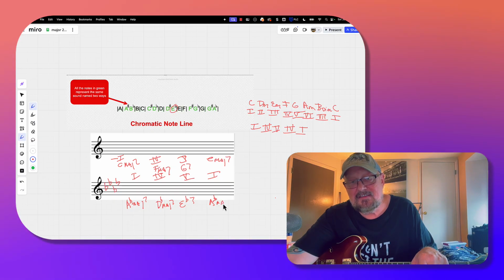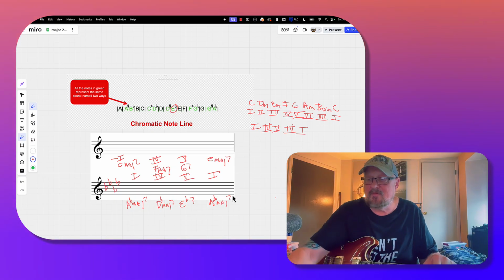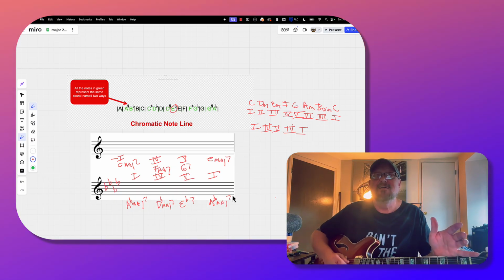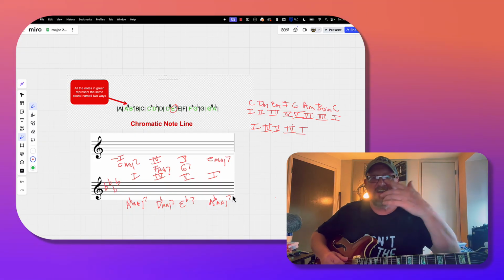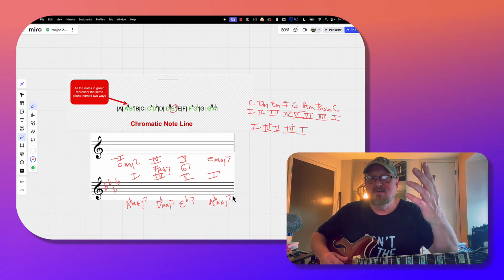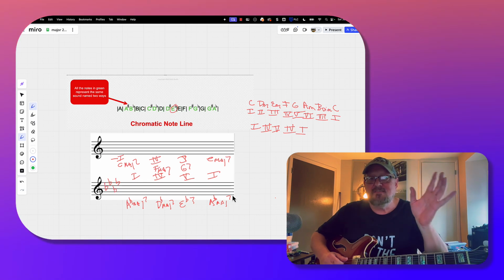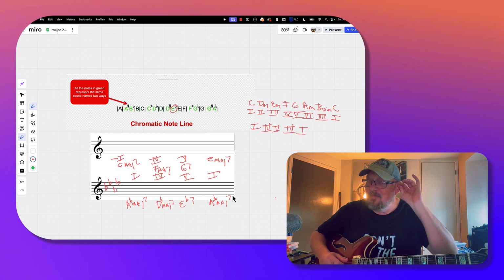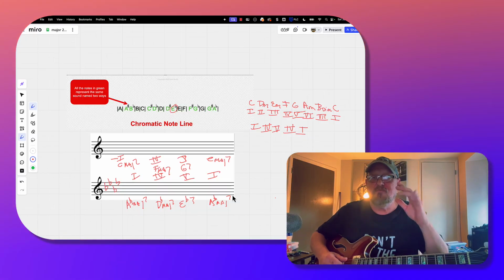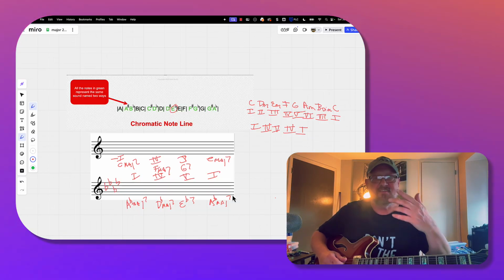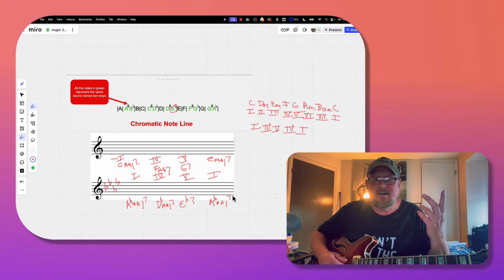So you see, it's just a matter of keeping the relationship the same and then using your key signatures, assigning numbers to each note value, knowing that the 1, 4, and 5 are major. The 1, 4, and 5 are major triads. The 1 and 4 are major 7th. The 5 is a dominant 7th.